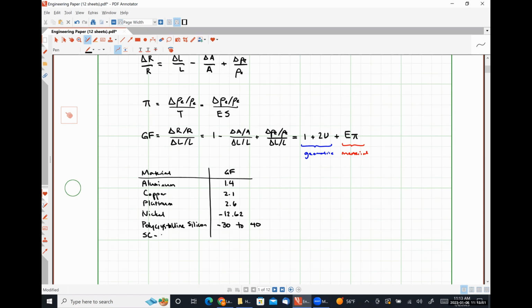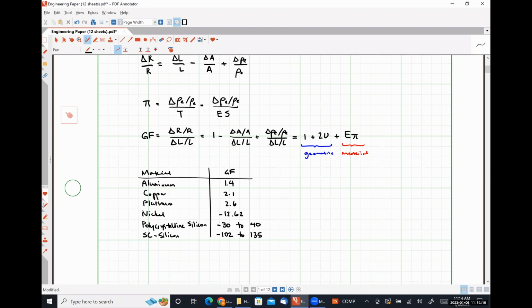And for single crystal silicon, it'll range from about negative 102 to positive 135.